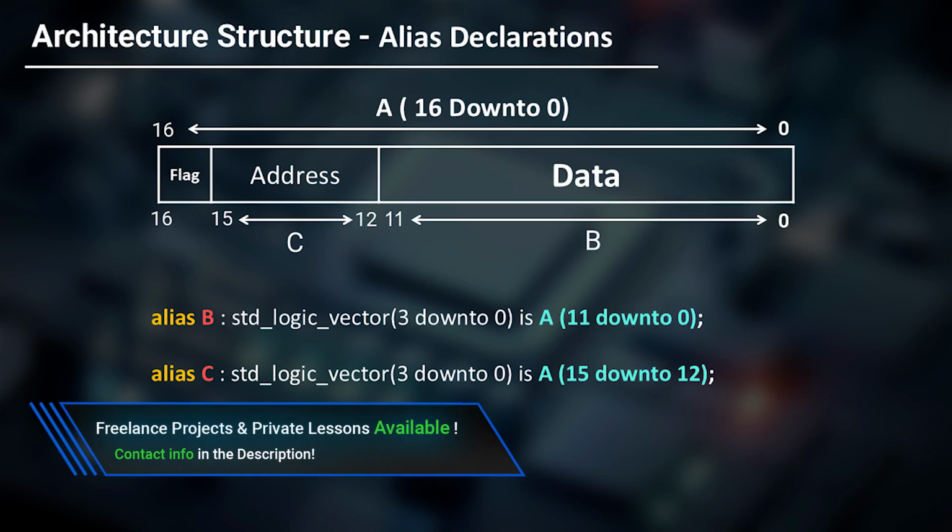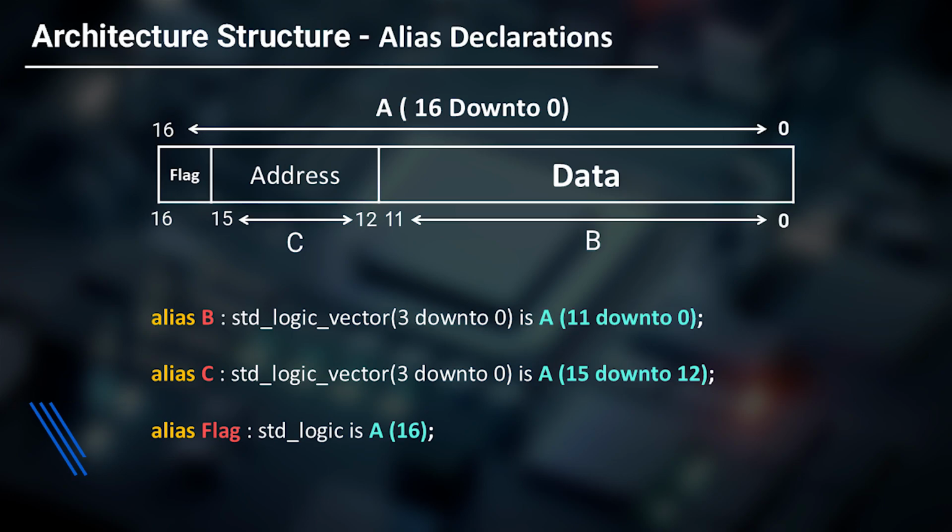If you want to separate these bits, you have to use the alias command like these lines. After defining these aliases, wherever you use B, C or flag as a value, it will point to the value we pointed to before. And keep in mind, whenever your 7-bit data changes, the values of B, C, and flag will automatically change as well.